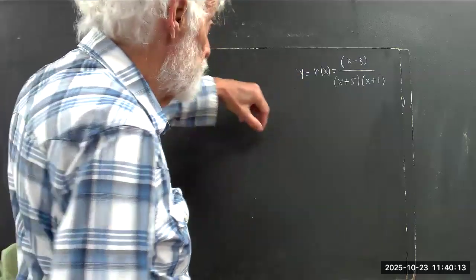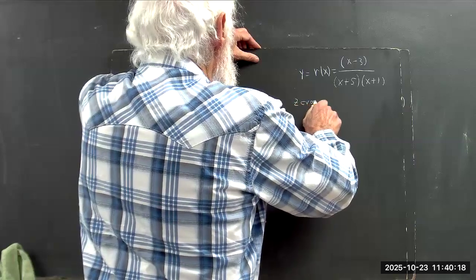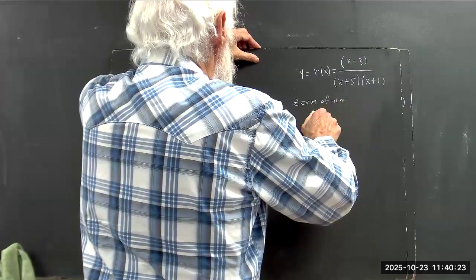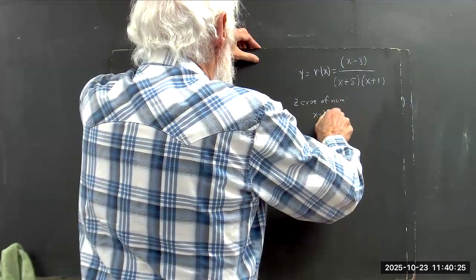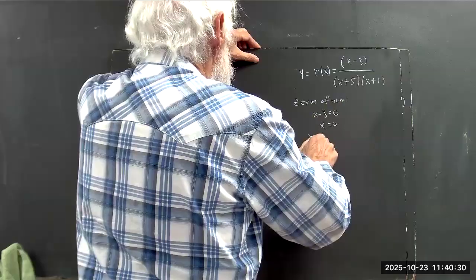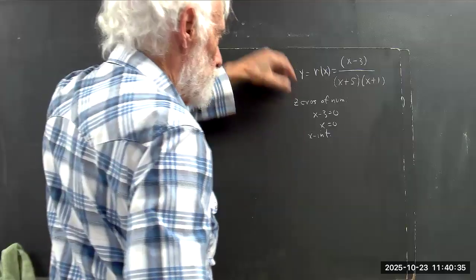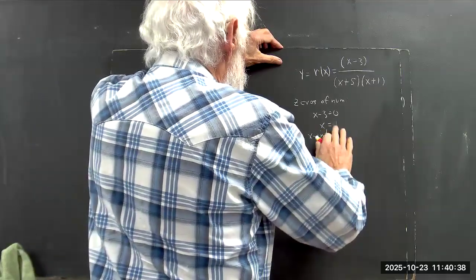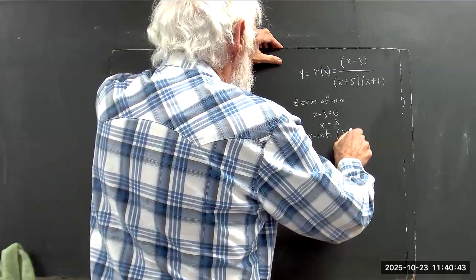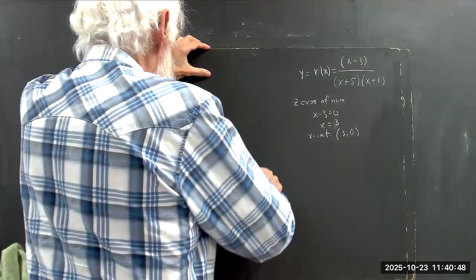Well, here's our function. And we do zeros in the numerator, and everybody did this right. A 0 in the numerator is going to give us an x-intercept. Let's say x minus 3 equals 0, x equals 3. The x-intercept is (3, 0). So we can begin to construct a graph.